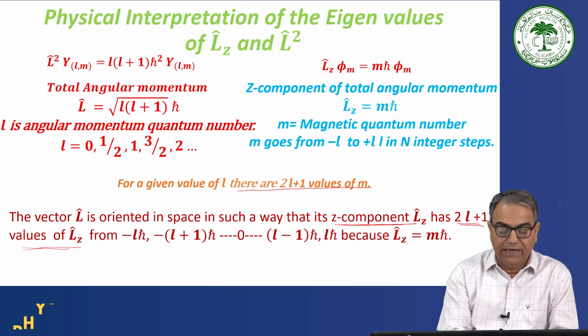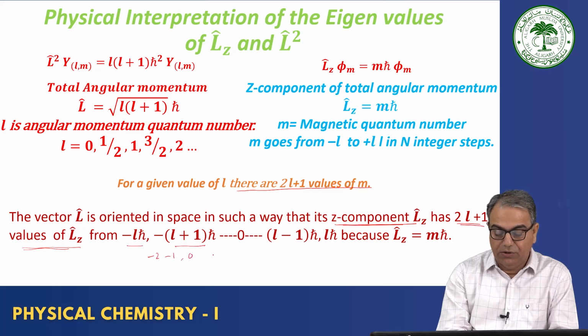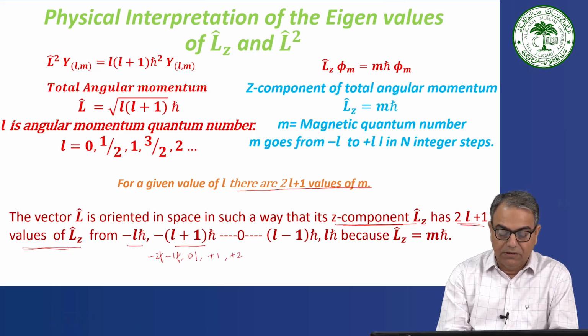And values from what? From minus L h cross, minus L plus 1 h cross, up to 0, and so on. For example, minus 2, minus 1, 0, plus 1, plus 2, each multiplied by h cross, which is what you write for the magnetic quantum number.